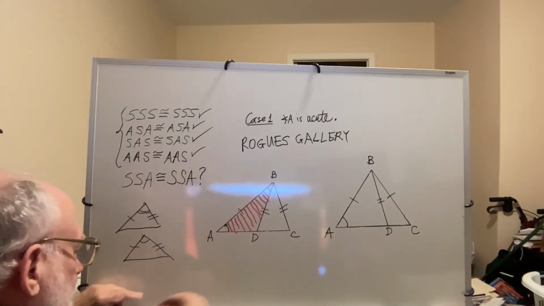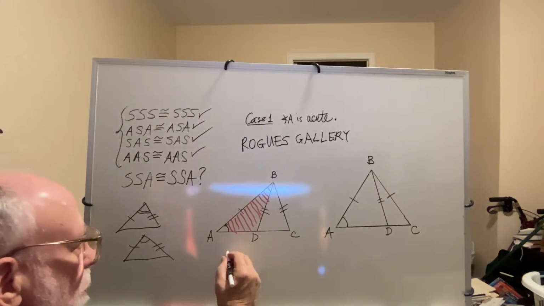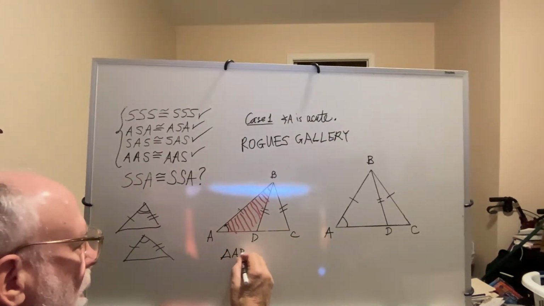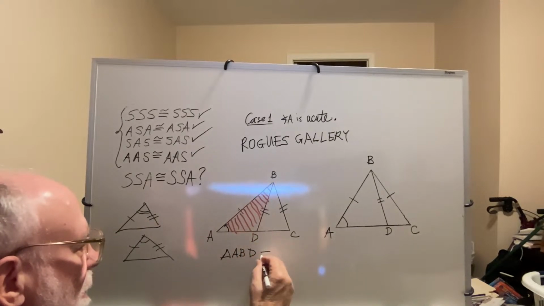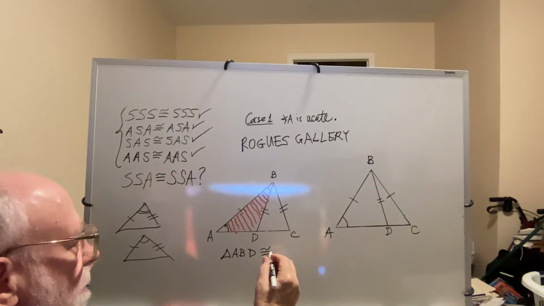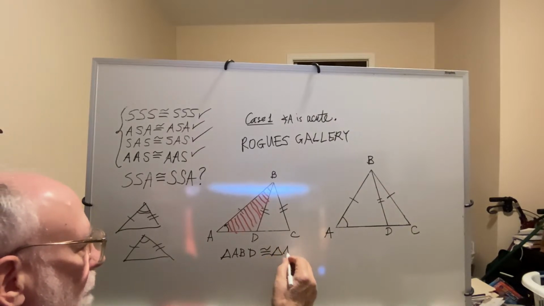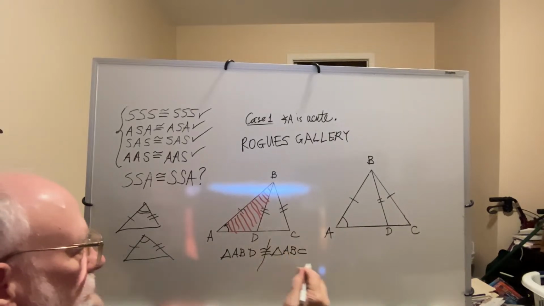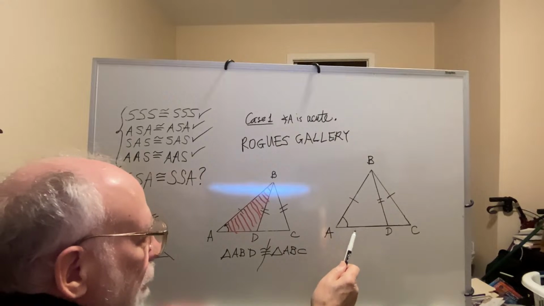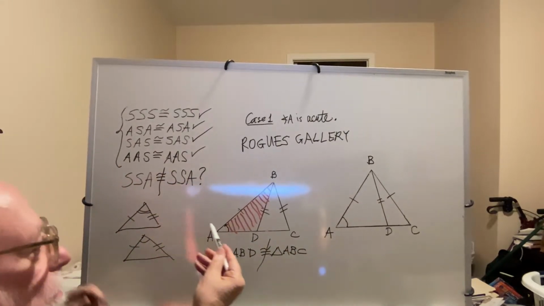But even though side-side-angle holds, we know the triangle ABD is not going to be congruent to triangle ABC. Now, here's another example of why this may fail. This is going to fail here.